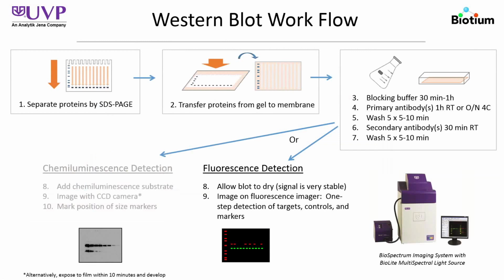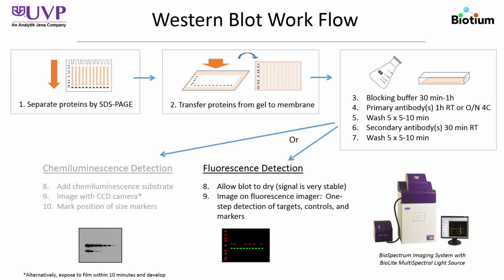The Western blot workflow for the first stages of Western blotting is identical for both chemiluminescence and fluorescence detection. However, fluorescence does offer some advantages in terms of simplifying workflow. Once the blot has been incubated with the primary and secondary antibodies, with chemiluminescence detection, substrate has to be applied to the membrane and then exposed to film or imaged on the CCD camera within a fairly limited period of time after applying the substrate.